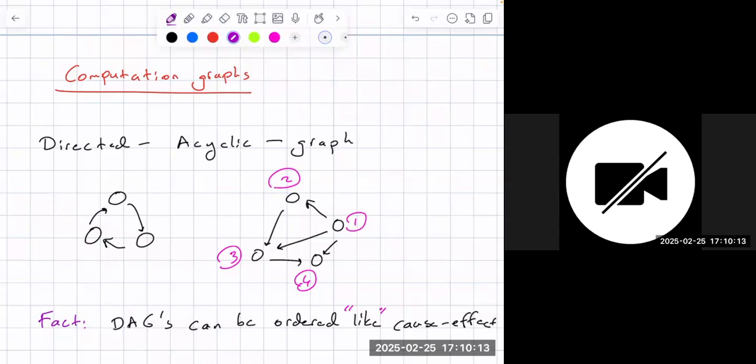For example, this one is a directed acyclic graph. As far as I can tell, there is no cycle. If you see one, tell me. I made it up when I was writing the notes. So this is fine, for example. It doesn't look so fine, actually, when you look at it. Now the point of these directed acyclic graphs, in short DAGs, is that they can be ordered.